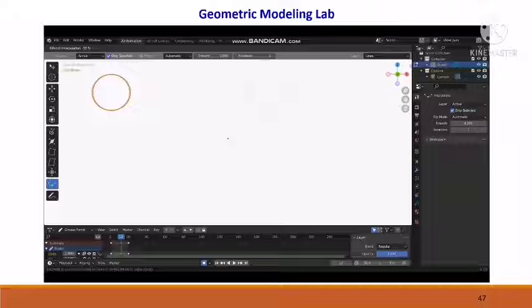This is a basic circle which I created in the 2D animation of Blender. I created a circle at data point 0 and another circle at data point 20. When the interpolation technique is applied, the figure at data point 0 and the figure at data point 20 need to be interpolated.